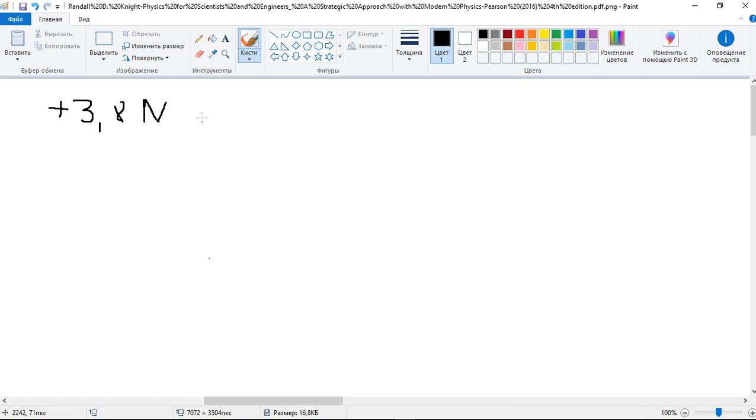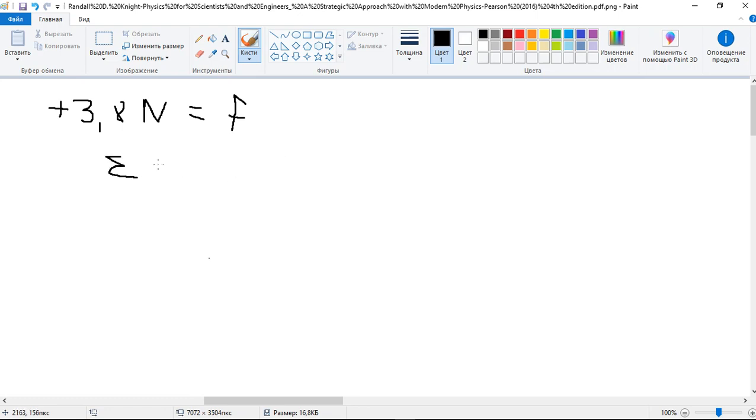This means that the static friction force is 3.8 Newton.